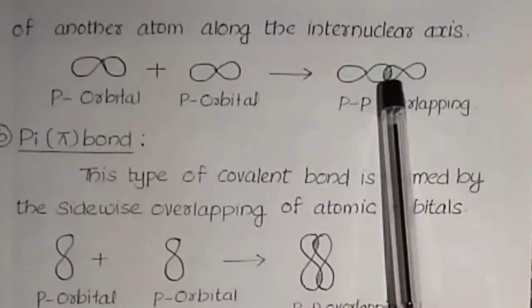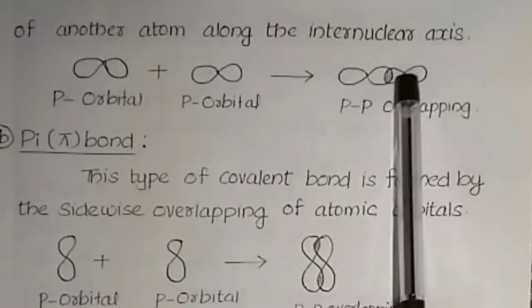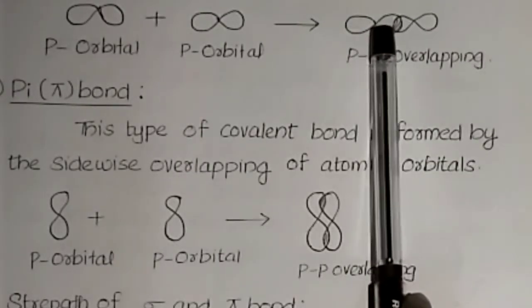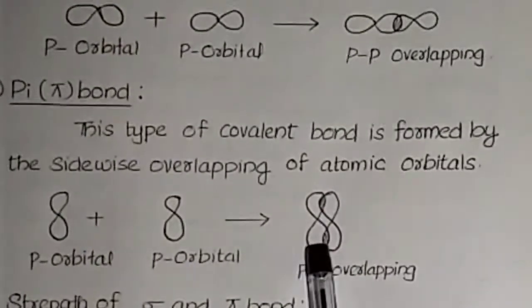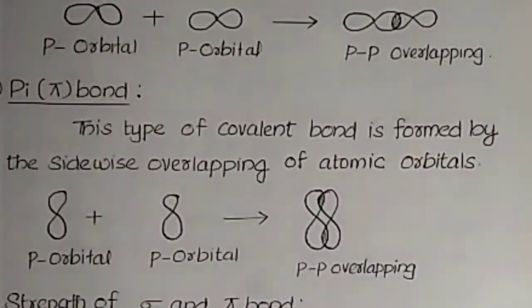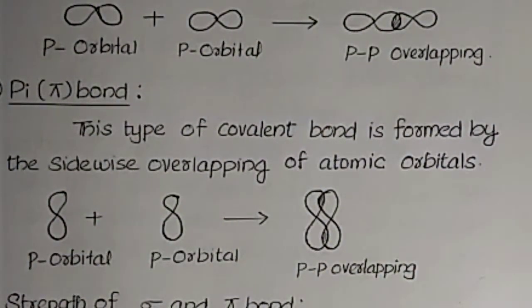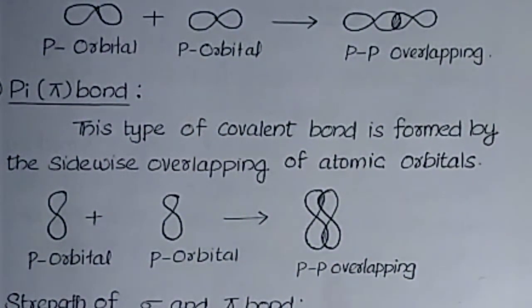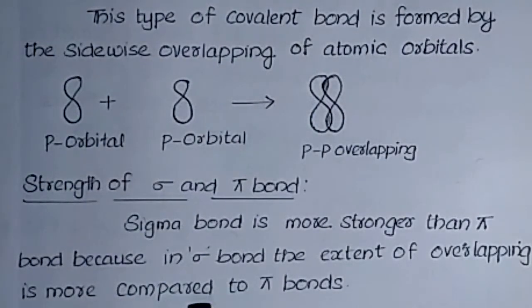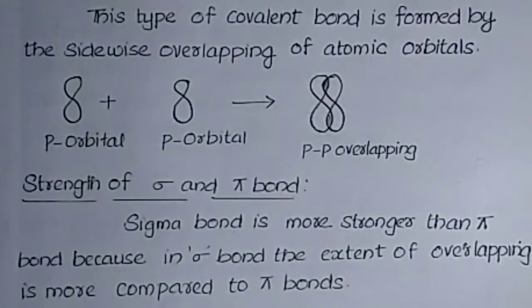Here the extent of overlapping can be maximum, they can overlap more and more, but in a pi bond they can overlap only to this extent. So sigma bonds are stronger than pi bonds because the extent of overlapping is more in sigma bonds compared to pi bonds.